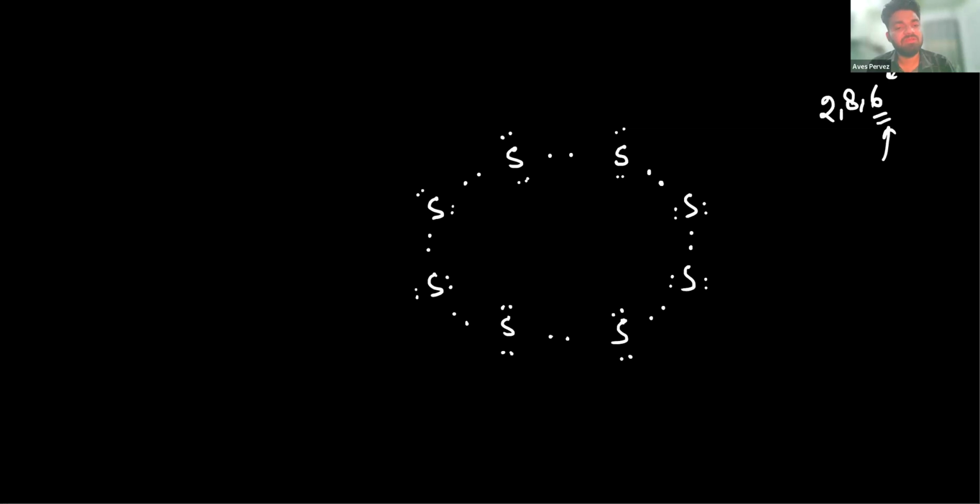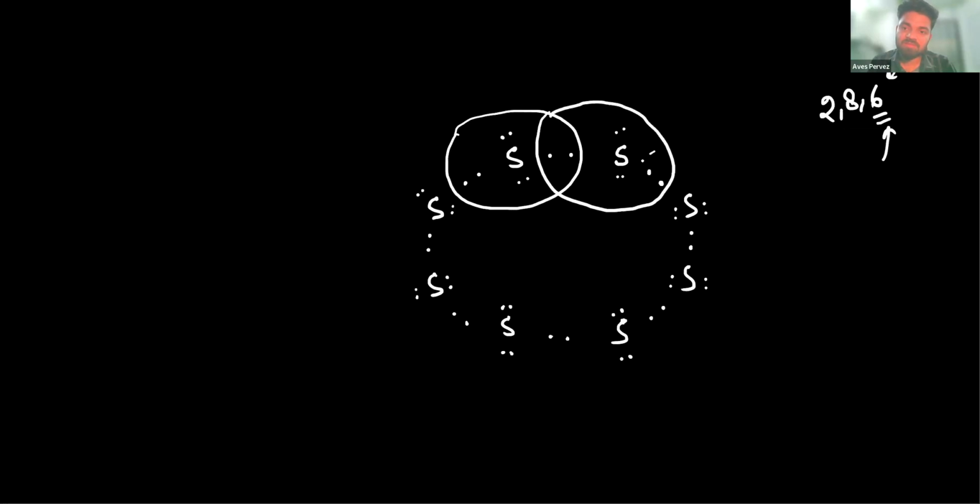One electron will be shared with this one, and one electron with that one. So it is going to have 8 like this way. This one also has 8, and this one has 8.